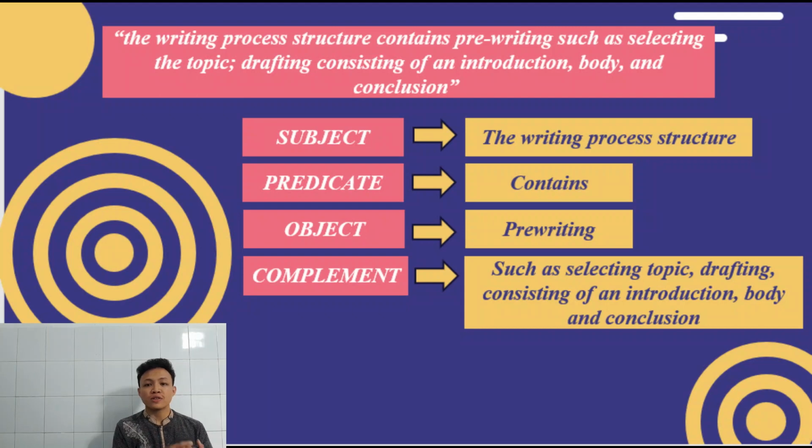The writing process structure is the subject, contains is the predicate, pre-writing is the object, and such as selecting the topic, drafting consisting of an introduction, body, and conclusion is the complement.